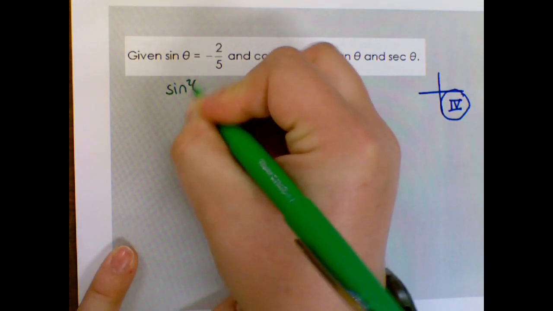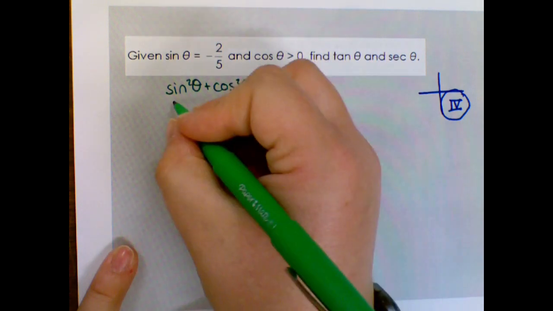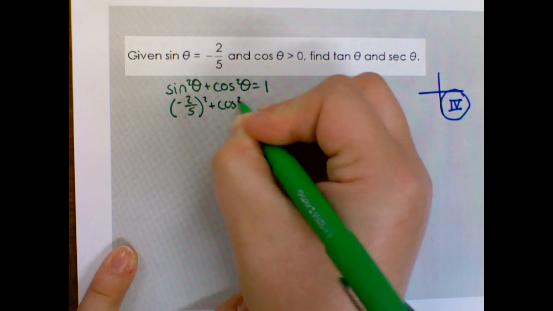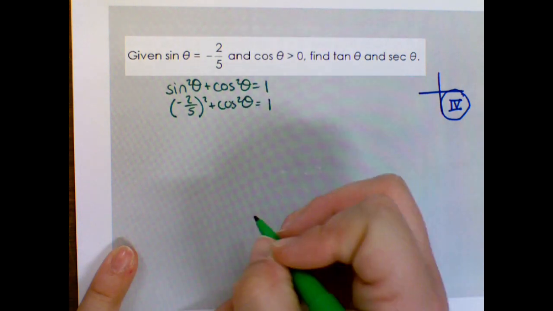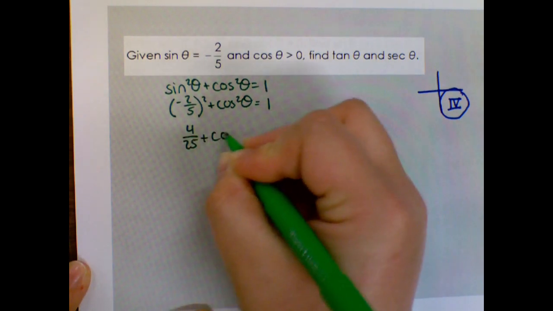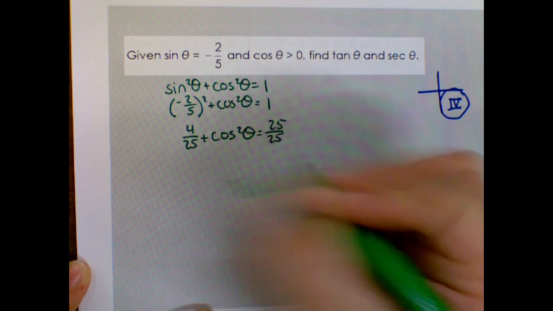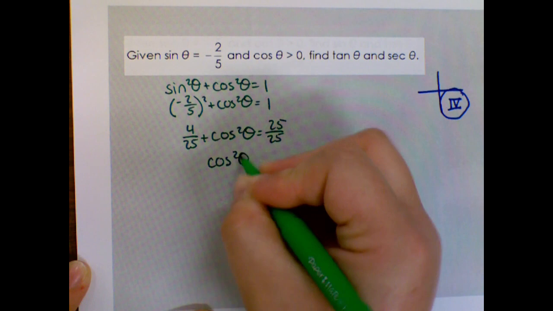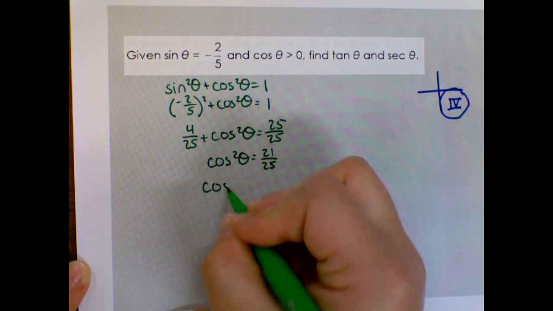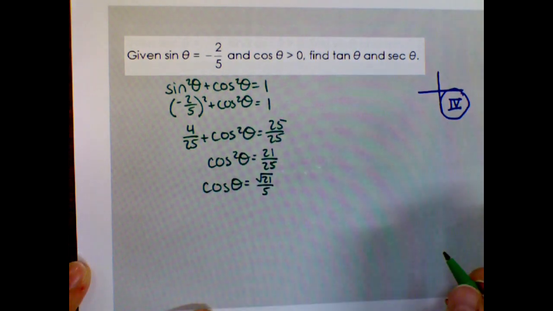Remember, sine squared plus cosine squared equals 1. If sine is negative 2/5, I have 4/25 plus cosine squared equals 25/25, which means the cosine squared is 21/25. Square root it. We already know cosine's positive, so it's positive square root of 21/5.